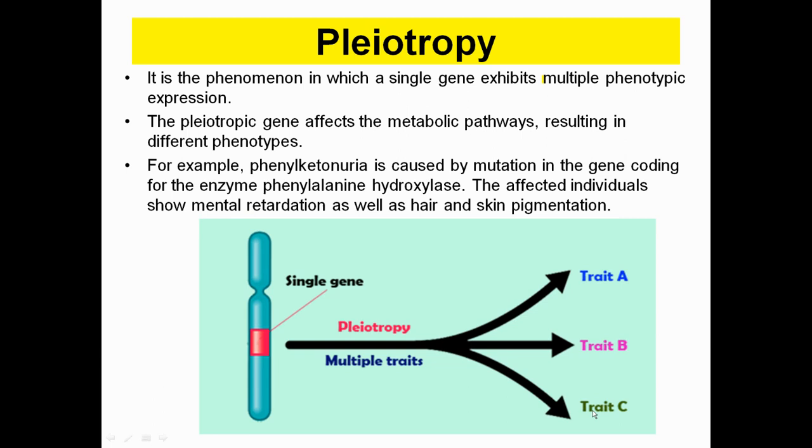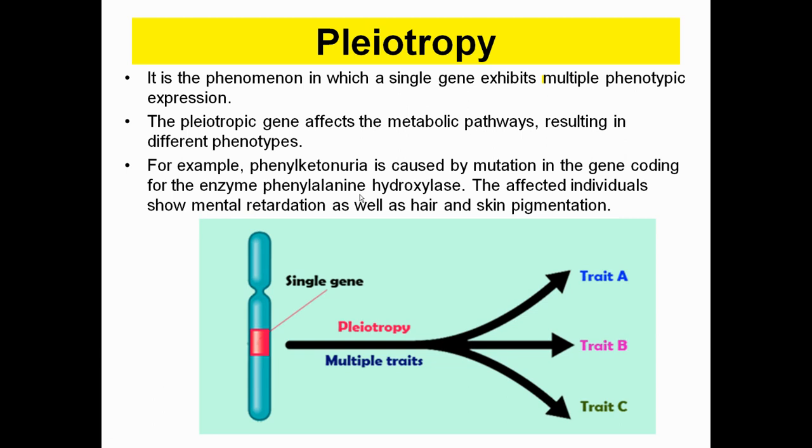This is being controlled by the metabolic pathway. One example presented is phenylketonuria. This is a condition where phenylketones are secreted out in the urine, and this is due to mutation in a single gene which is responsible for the enzyme production, that is phenylalanine hydroxylase.